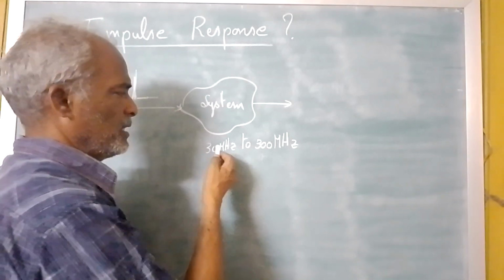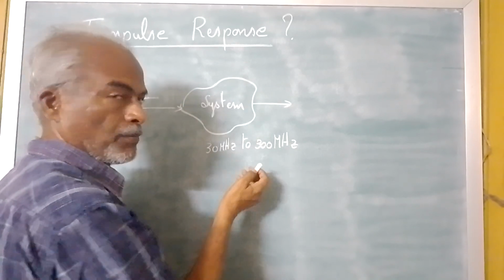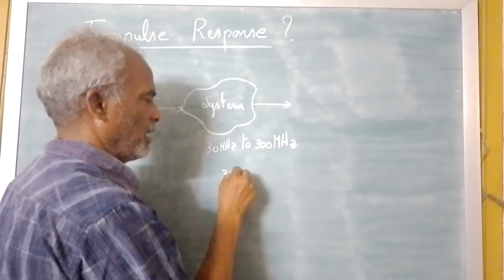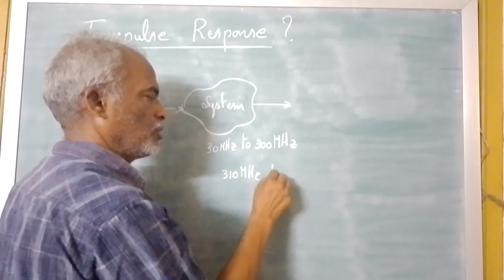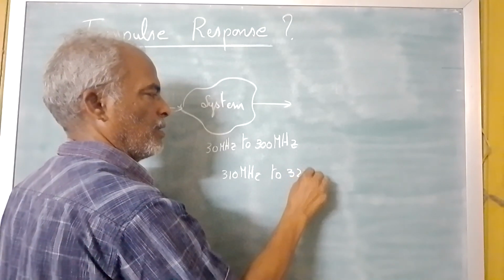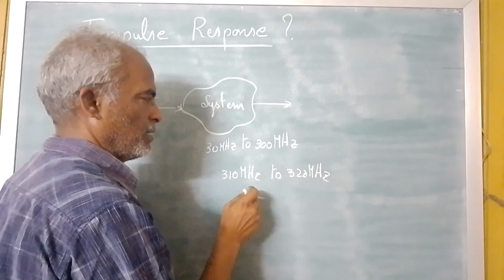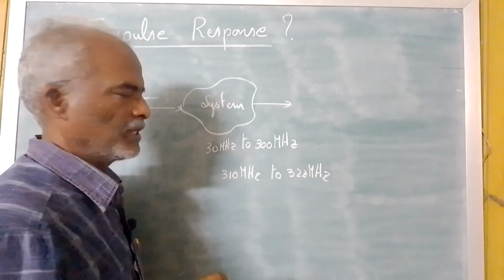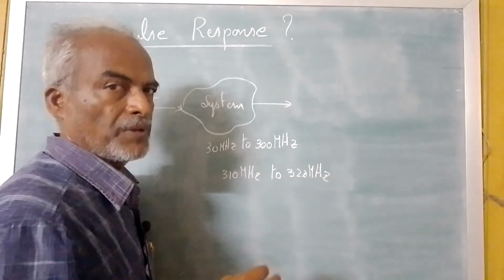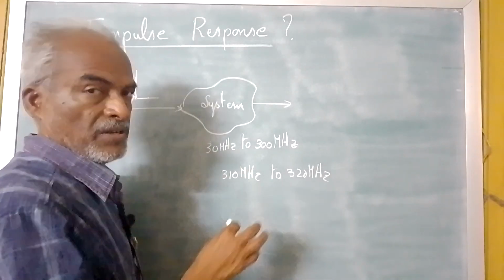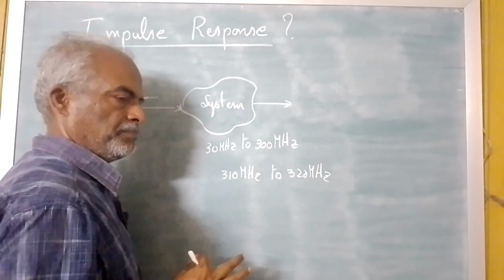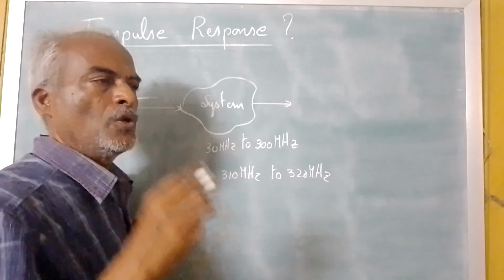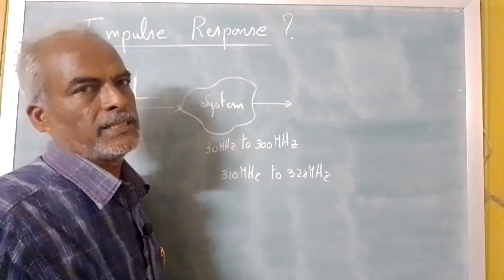Sometimes a particular system can support from 30 megahertz to 300 megahertz, then 310 megahertz to 320 megahertz, like that. Between 300 and 310 the system is not allowing, it is rejecting those frequencies; 310 to 320 it is allowing. So for any communication problem, if you want to see the response of the system, you must give all the frequencies to the system.